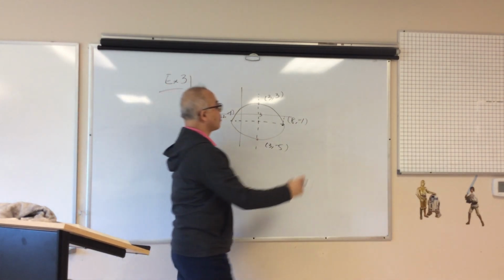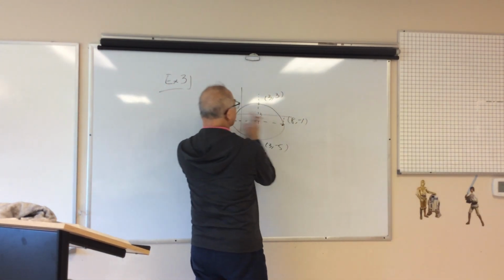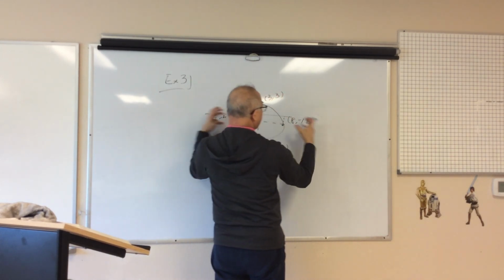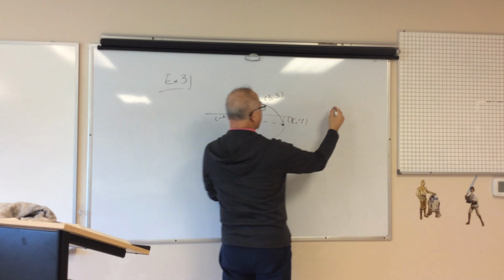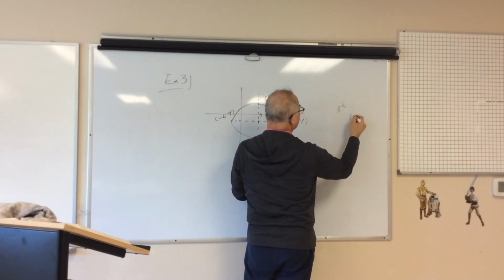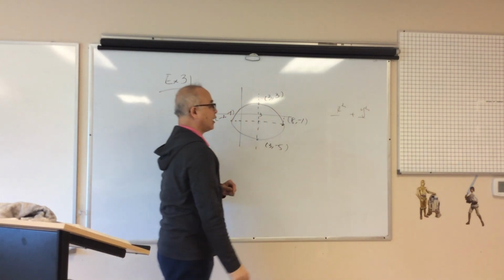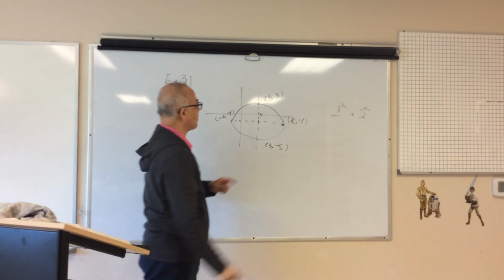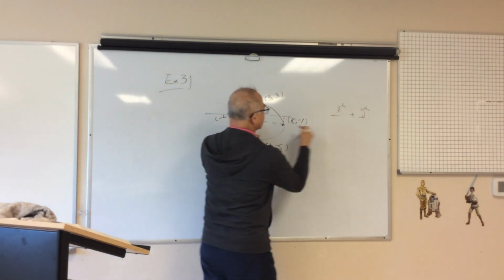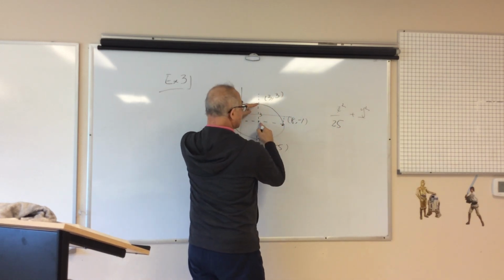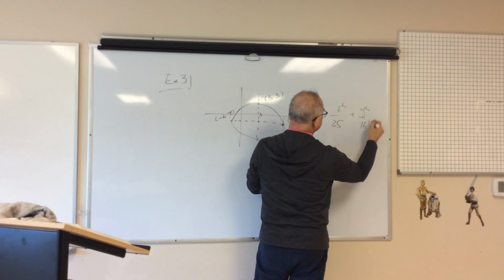Okay. So if this was in the center, I'm on the x-axis here, so I'm going to have x squared plus y squared. And what is my a? My a from here to here was 5. That would be 5 squared. This was 4 squared, 16, is equal to 1.